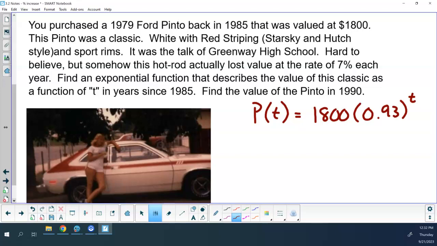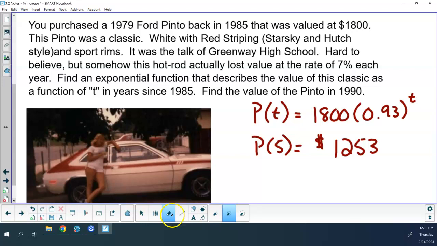What T value are we finding? 5. 5 years after 1985 is 1990. Should be worth $1,250. Oh, $52, not $53. $52.24.